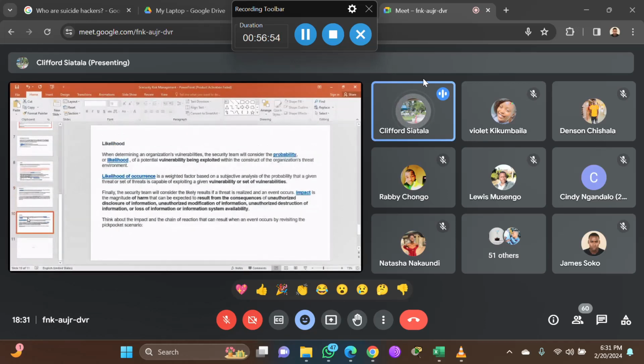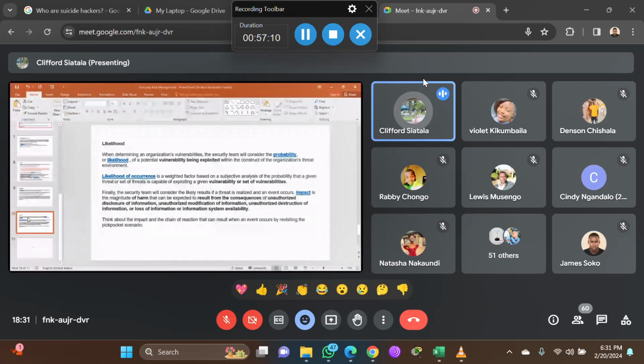Likelihood. When determining an organization's vulnerabilities, the security team will consider probability or likelihood. We have seen the vulnerabilities, they are here, and we have quantified them.